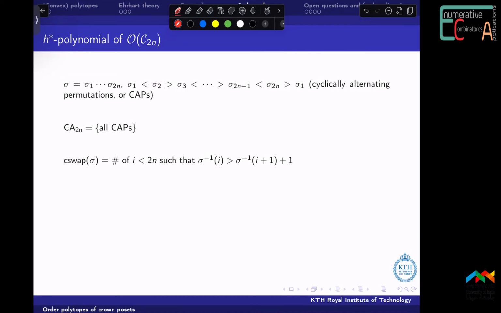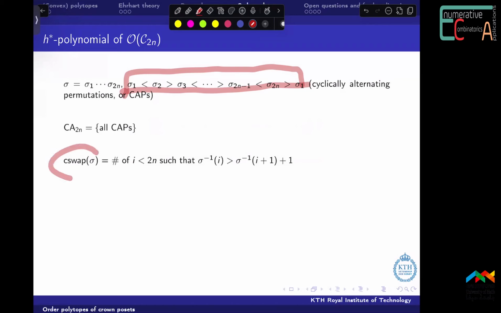These are permutations that capture the order relations in my crown poset. I'm going to define this new statistic, the C-swap statistic: I look at the cyclically alternating permutation, compute its inverse, and look at this thing which is not really a descent, but in a recent paper by Kyle Petersen and Zhuang, they call this kind of statistic a big descent.